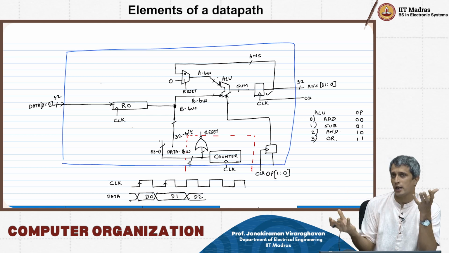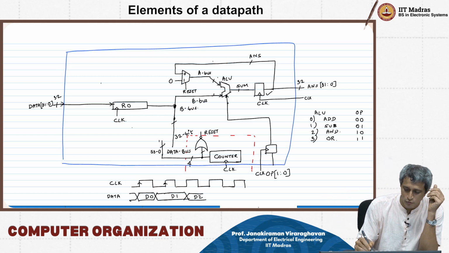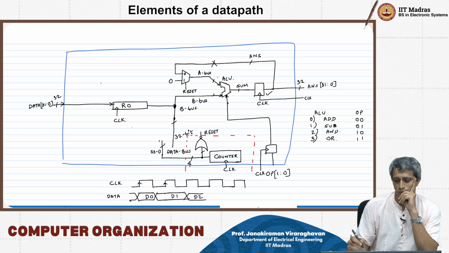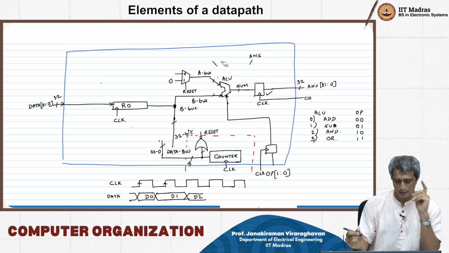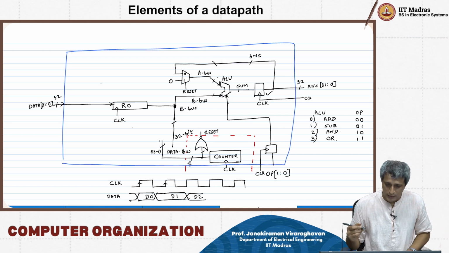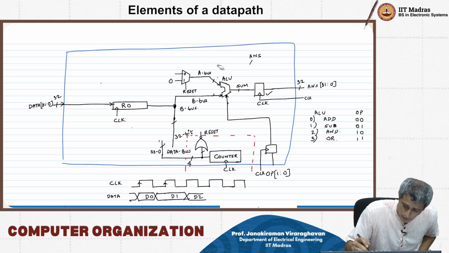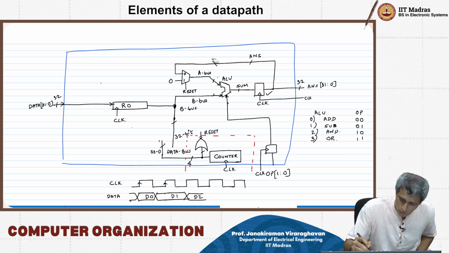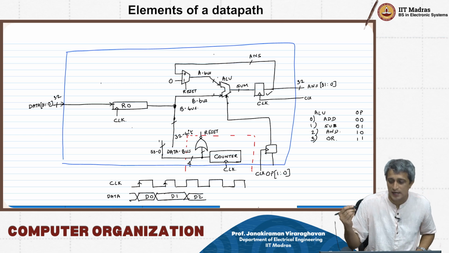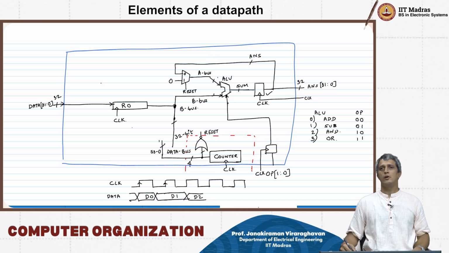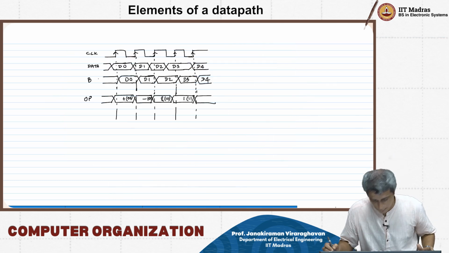So in general even this assumption need not be true, okay, and technically therefore the second operand can come from anywhere. Now where should this second operand come from? So let us look at that, right.